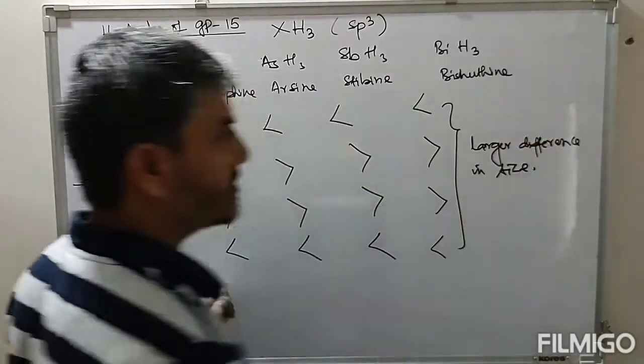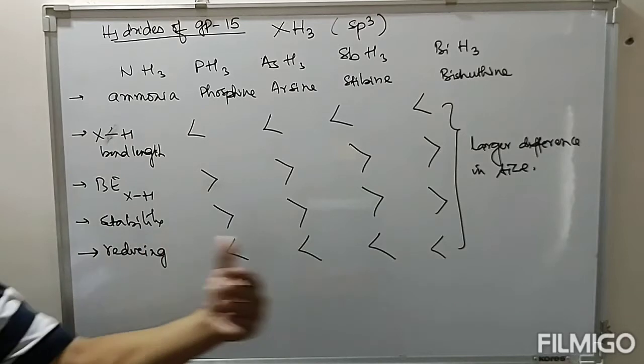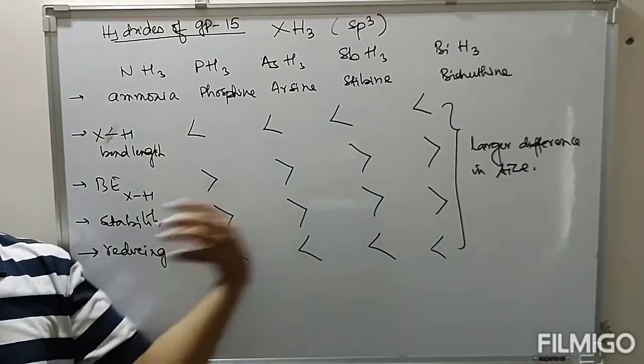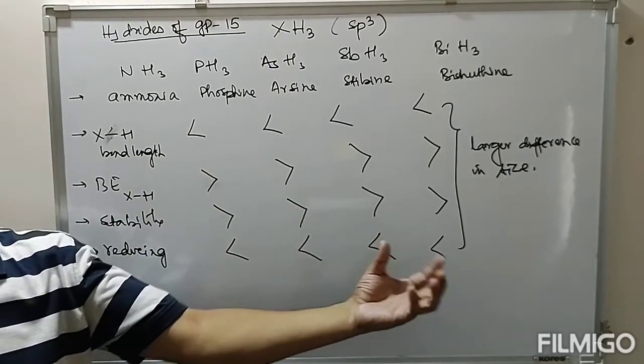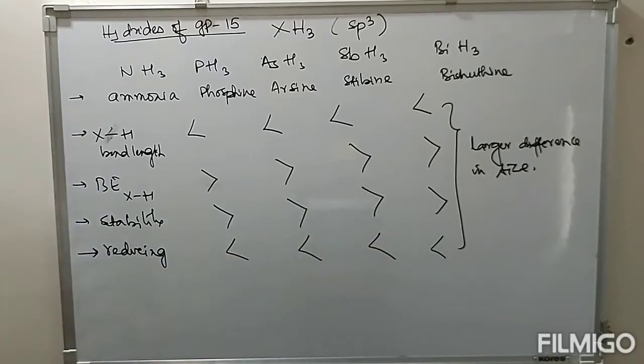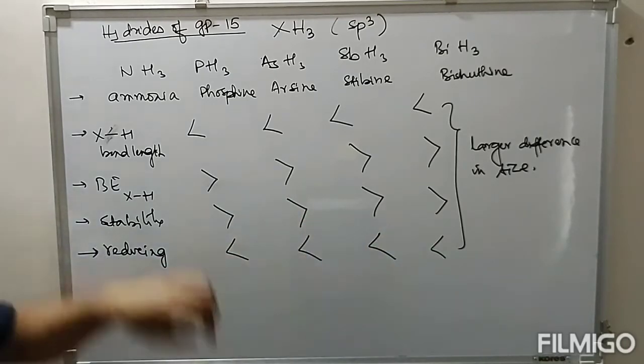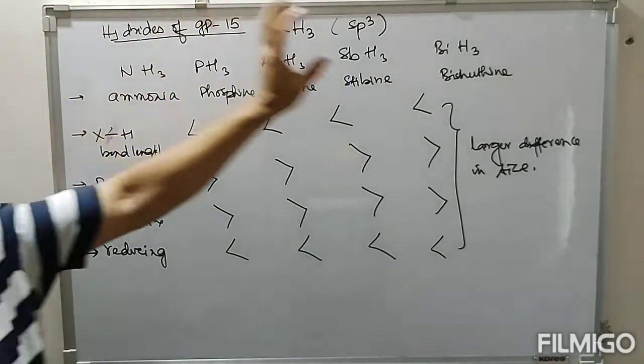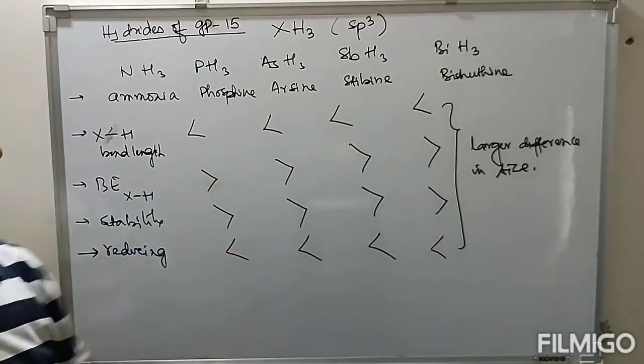Because of this, stability down the group decreases. As stability decreases, bond length increases, bond energy decreases, and the reducing character increases. Ammonia does not show reducing character, but the rest of these hydrides show reducing character.